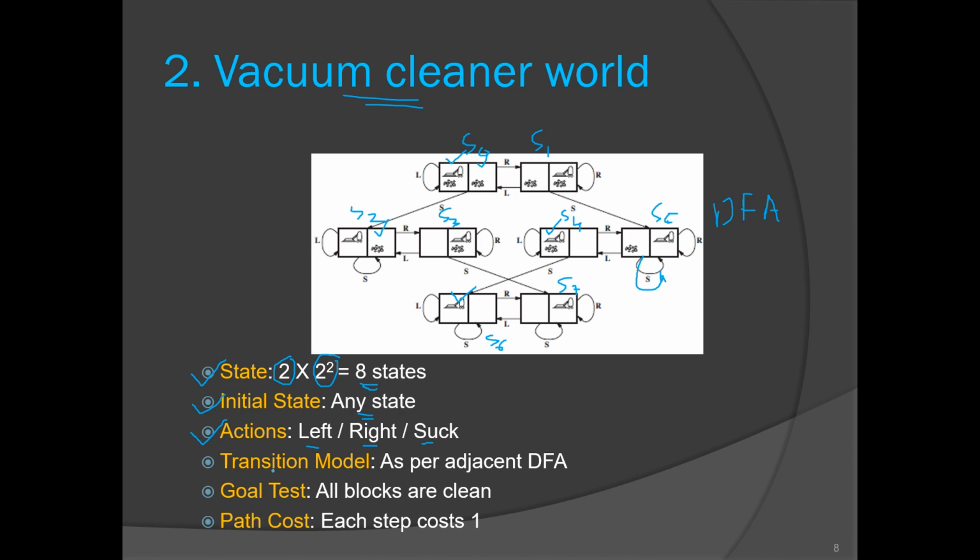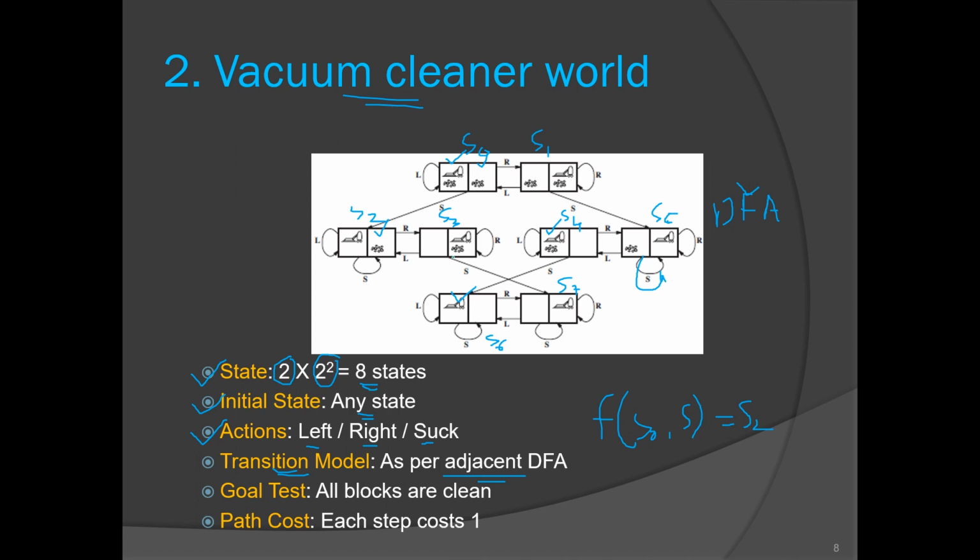So now what will be my transition model? If I am in S0 and I execute a suck command, which state am I getting? This can be determined with the help of this DFA. I am in S0 and I am executing a suck command, I am going to S2. So it will be as per the adjacent DFA.